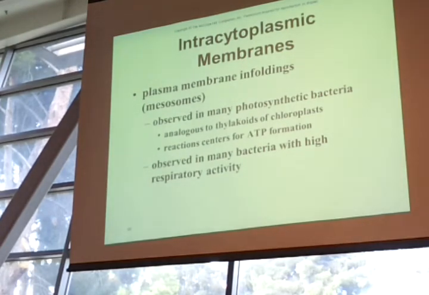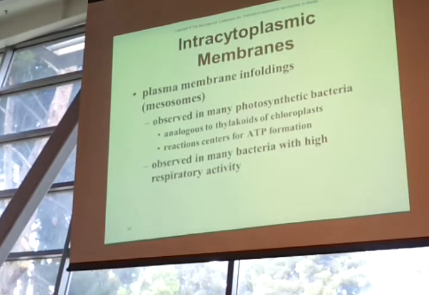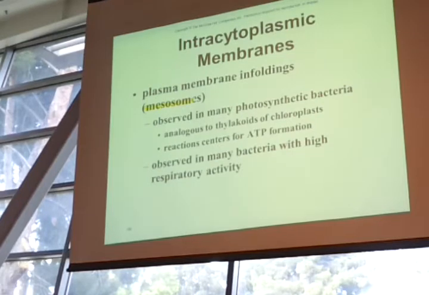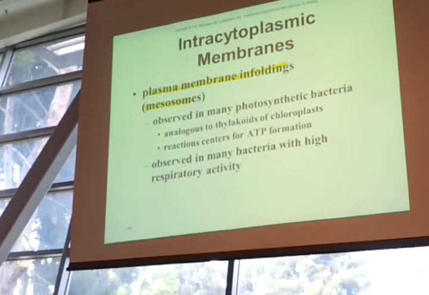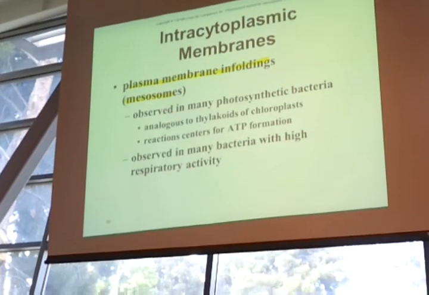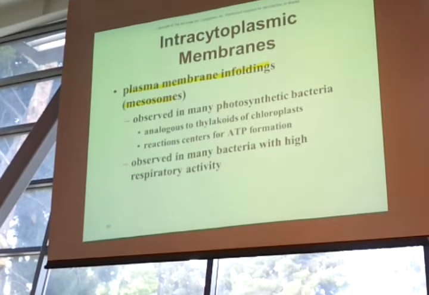We might have some membrane, so again, no membrane-bound organelles. However, there could be things like a mesosome, which were those invaginations or enfolding of that plasma membrane. And that could be something that could be helpful to the cell because of adding additional surface area of those membranes. So instead of having the cell membrane or plasma membrane that looks like this, you could have one that was like this.